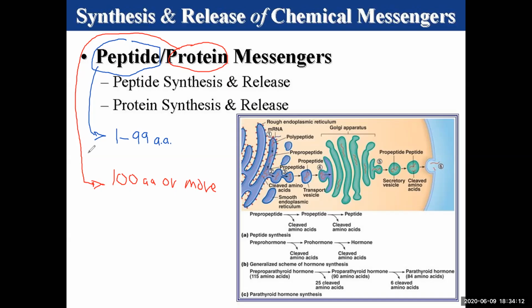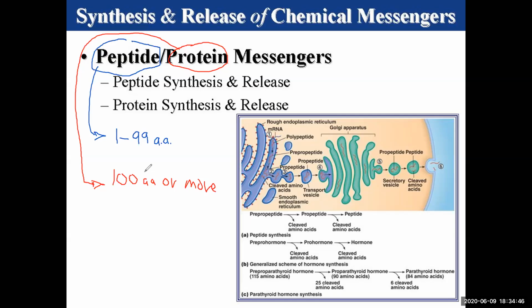So this is the convention that we are using, because other medical textbooks will say anywhere from 1 to 29 is a peptide. If it's 30 or more amino acids, it's a protein. But as far as we are concerned in this class with the Stanfield textbook, I am directing you to learn the peptide is up to 99 amino acids.